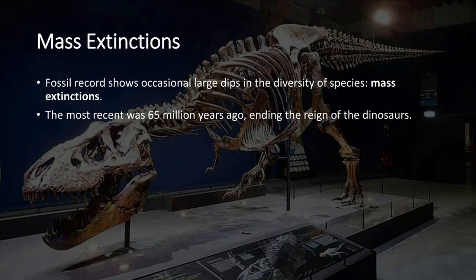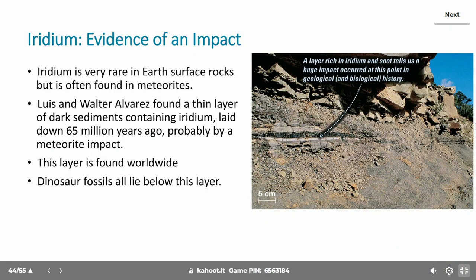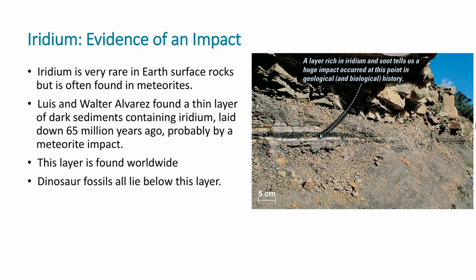So that was the dominant organism at least on the surface of the Earth. And so something happened that caused this mass extinction event. We have evidence that there was a very large impact that also occurred 65 million years ago.